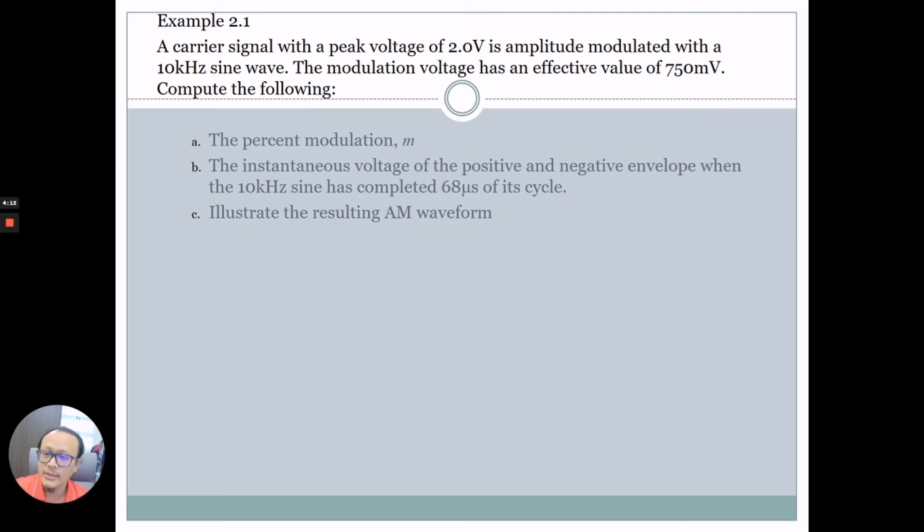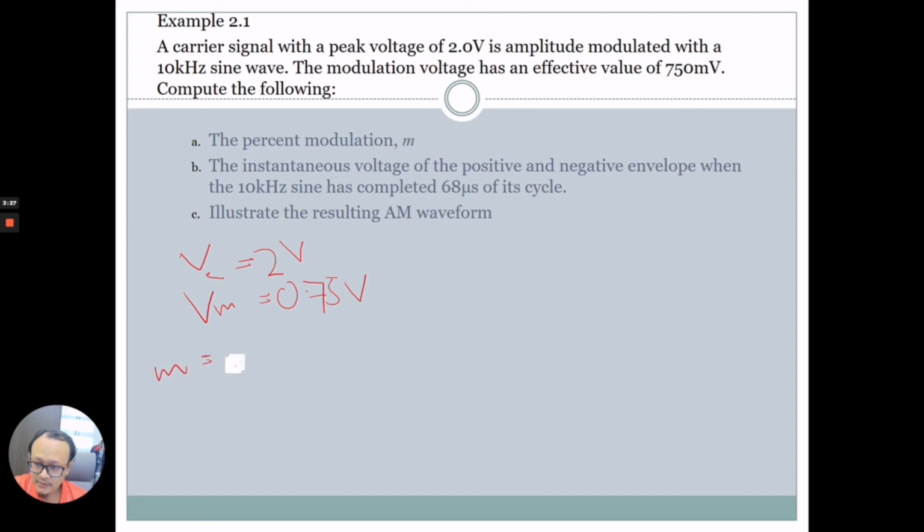So let's look into question A, the percentage of the modulation index M. First, let's look into the question. They give Vc equal to 2 volts and Vm equal to 0.75 volts. So from here we can use the equation M is equal to Vm over Vc times 100 to get the percentage.